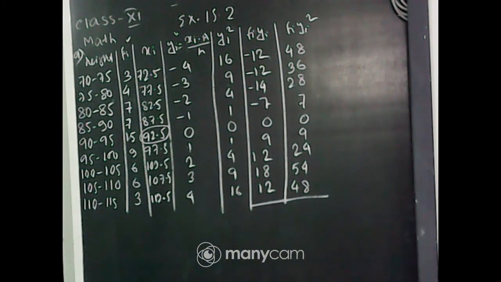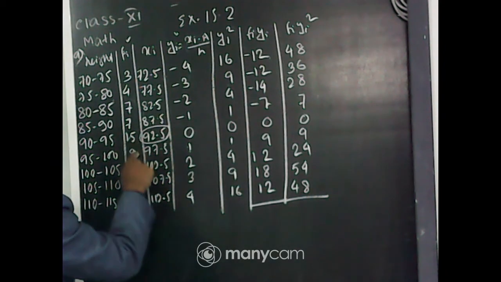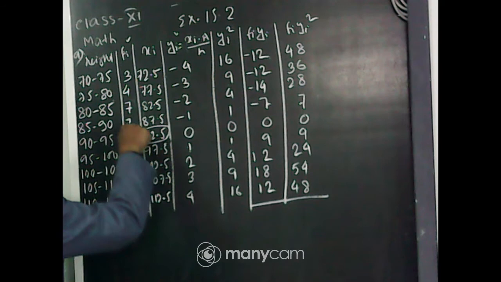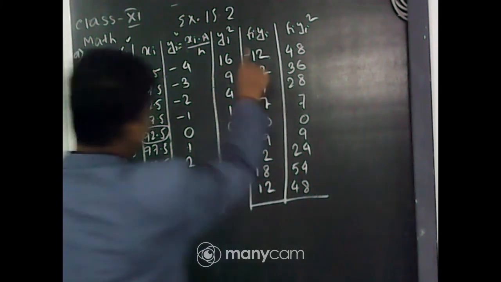Now just add the values of fi. Add the values of fi and tell me what will be the result. The summation of fi is equal to 60, or the value of n is equal to 60. Now find the value of summation fi yi.